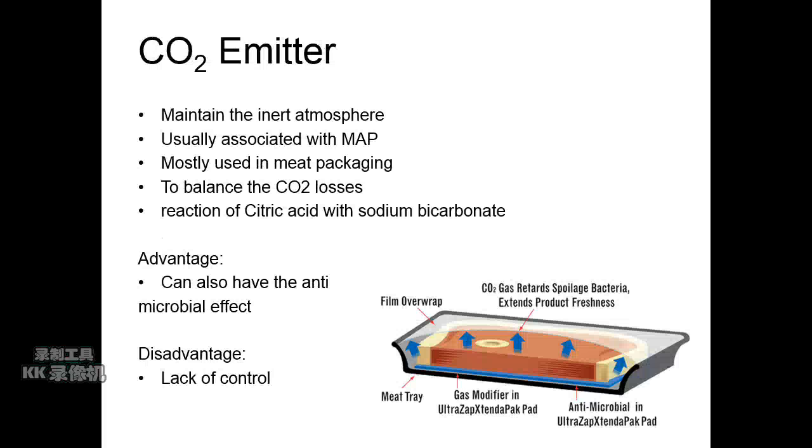As for the carbon dioxide emitters, the idea here is to maintain the inert atmosphere in the package to protect the food from oxidation, and mostly they are associated with the modified atmosphere systems. Most applications are in meat packaging, as shown in the figure. The concept here is to balance the carbon dioxide losses due to dissolution into the meat and permeation through the packaging materials.